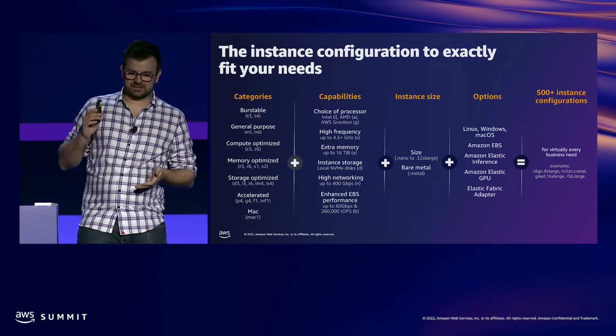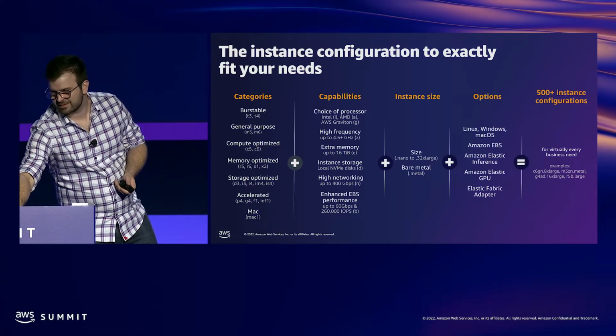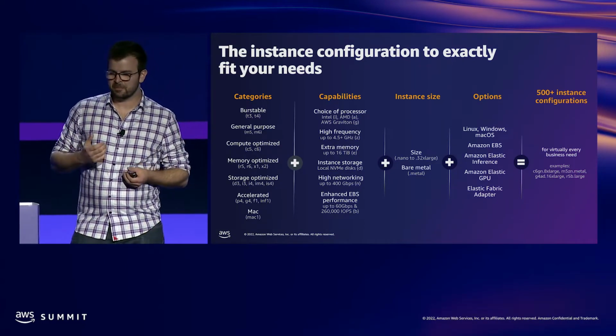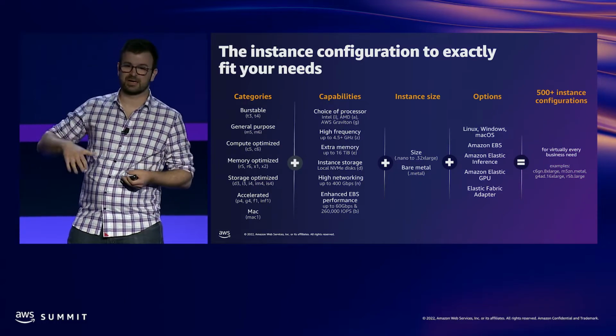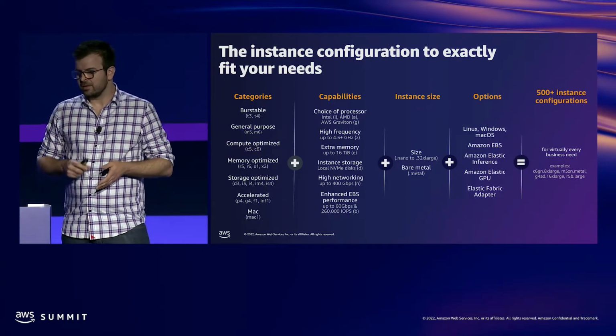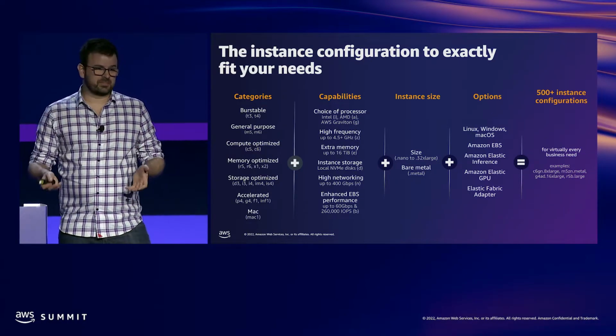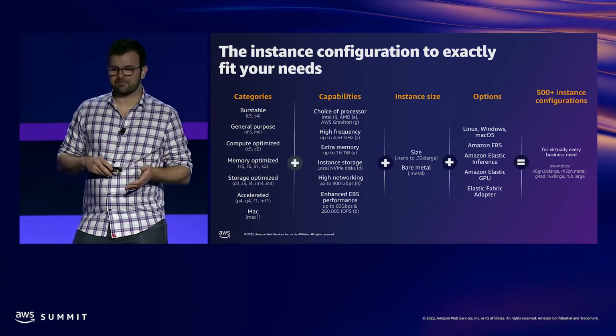But I know there's still a lot of options out there, and it's sometimes hard to choose exactly the right one that you need. So I want to walk you through a thought experiment that I use to narrow down these 500 options into something more manageable. So let's think of your application right now, or whatever you would be running on AWS or the cloud.